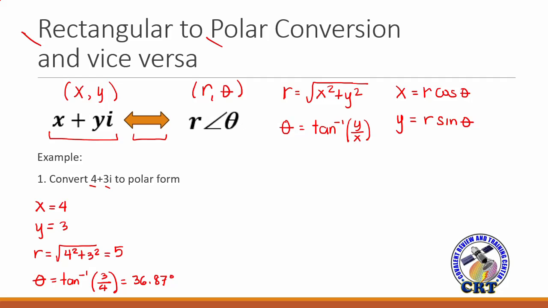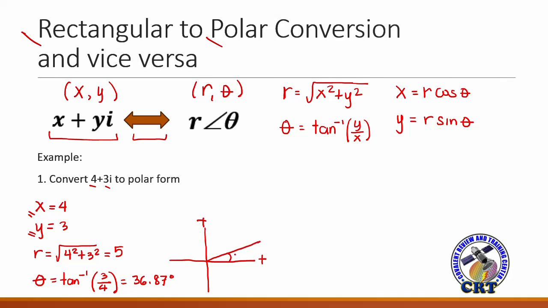But before you write your final answer, you have to check the location of your theta. So to do that, let us plot the theta. So this is the x and y axis. Check the value of x. x is positive. And check the value of y. y is also positive. Therefore, the theta lies in this quadrant.